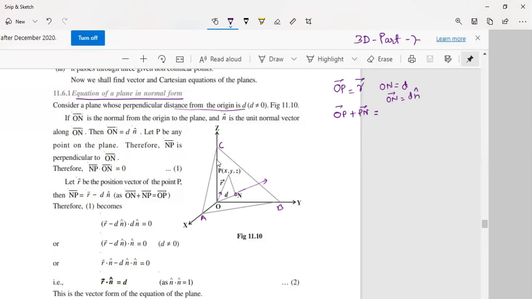Now OP is vector R, and PN we don't have, and ON is a vector.